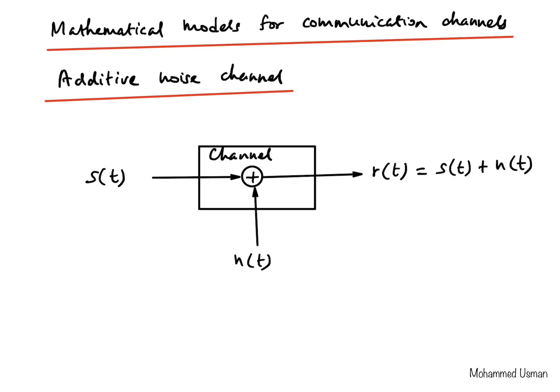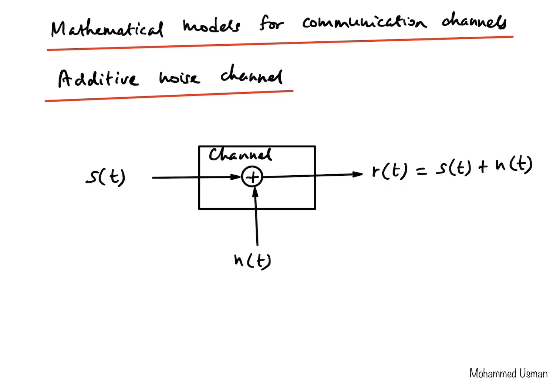So the additive noise channel can be modeled as in this diagram here, where we have the transmitted signal S of t and the noise signal N of t, and the channel gets the noise added to the transmitted signal, such that the received signal is basically the sum of the transmitted signal and the noise signal.